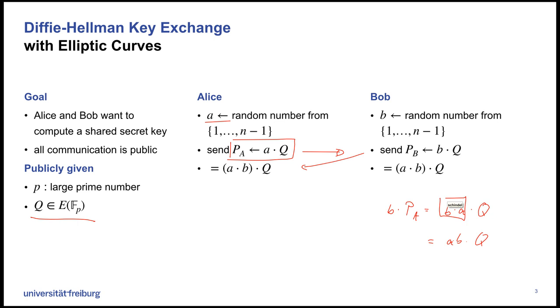Well, it's not really a multiplication, because we are just multiplying the point; it's a strange operation that we defined over the strange plus operation. And here we do the same thing: A times, in brackets, B times Q, which is this PB, and we get the same: A times B times Q.